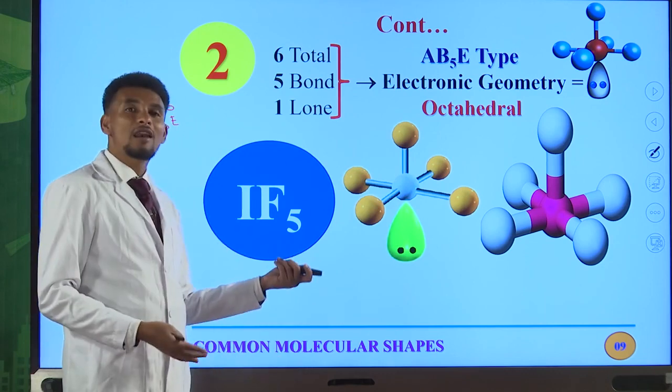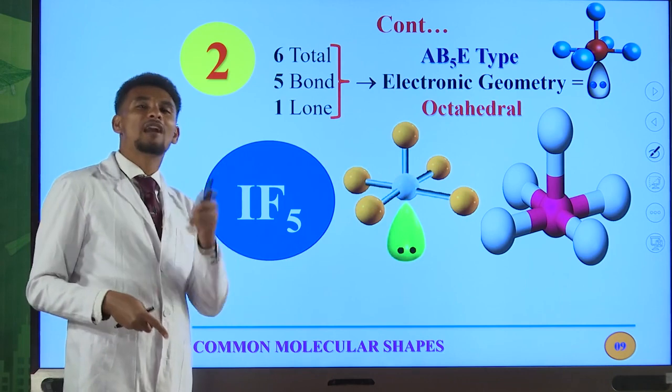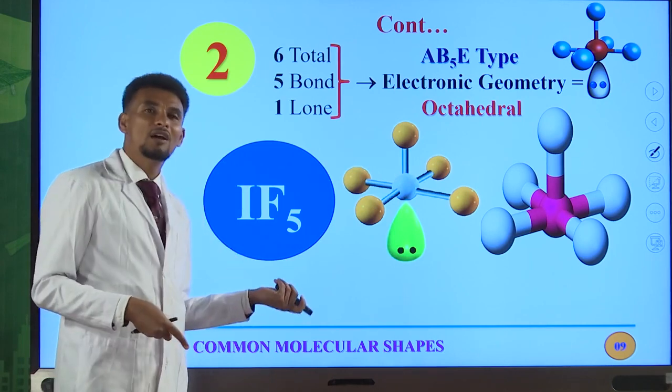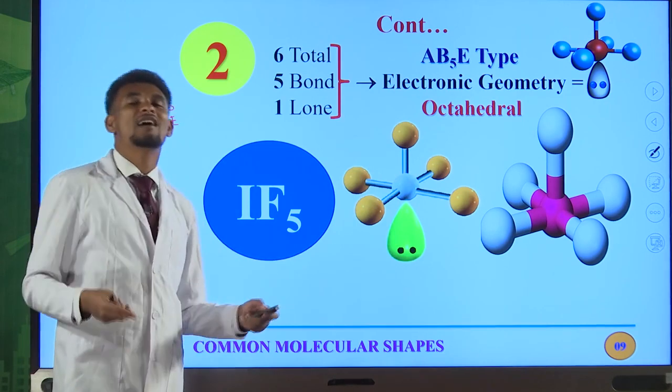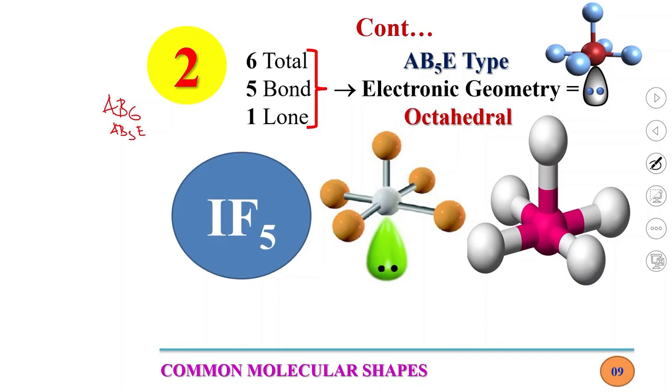Totally we have 5 fluorine atoms in this molecule. Therefore, these fluorine atoms are terminal atoms or substituents. They are bonded with the central atom iodine with only single bonds, and a single bond is formed between 2 electrons.